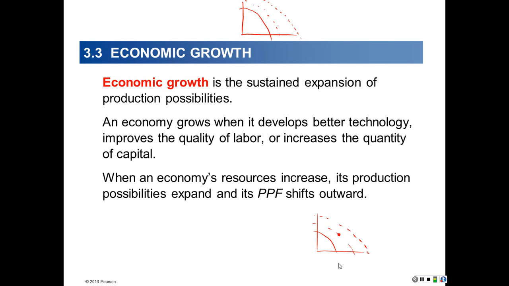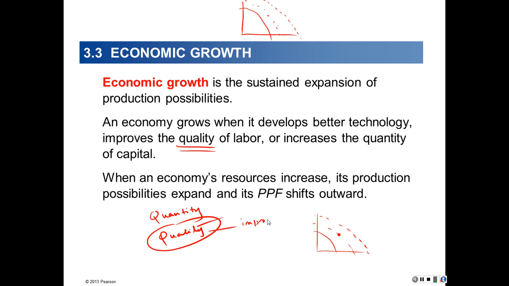So growth is then caused by an increase in resources, but it could also be viewed as an improvement in the quality of resources. So it's both quantity of resources and quality of resources. Now, what do I mean by quality of resources? Now, this very often involves improved technology.